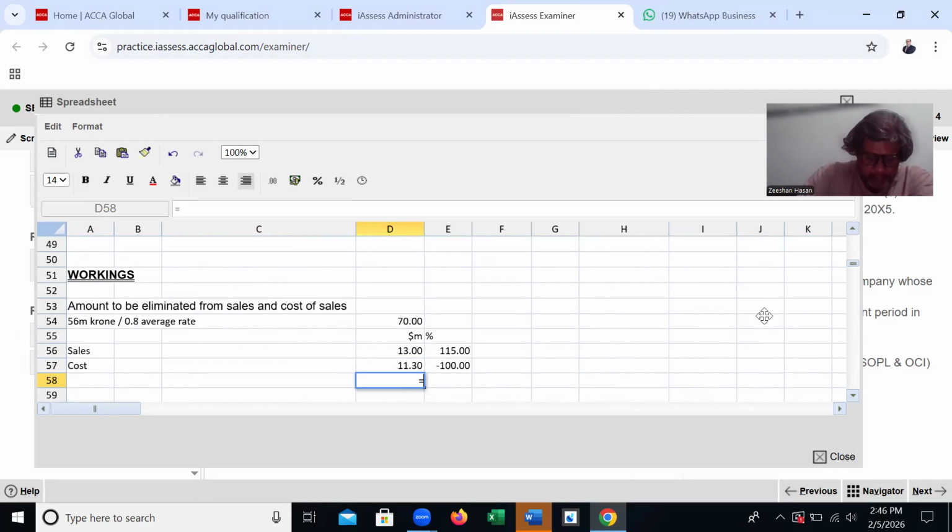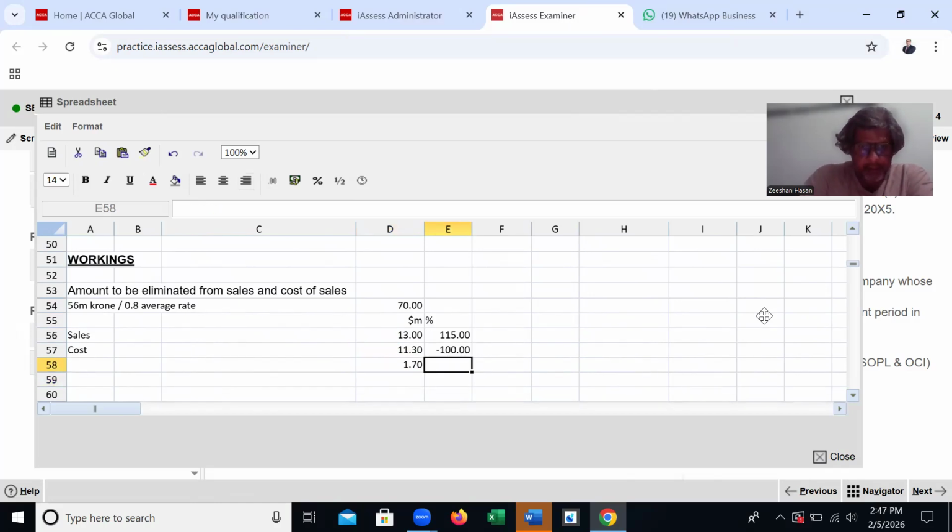So now the difference we will get, this minus this. Yep, 1.70, and here it is, this plus this, 50.